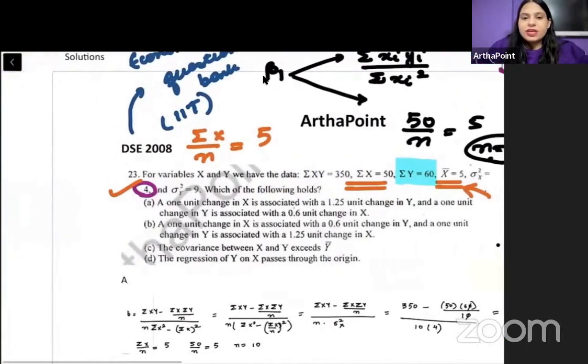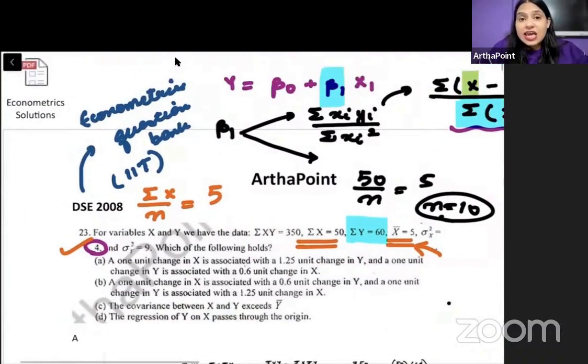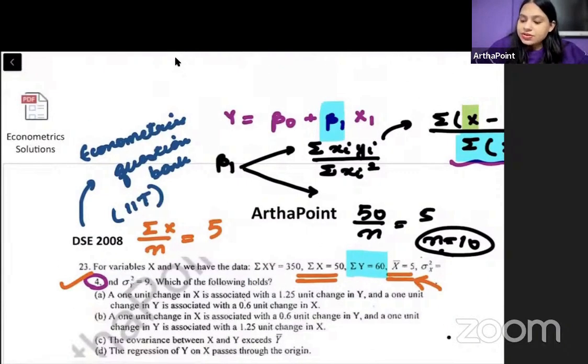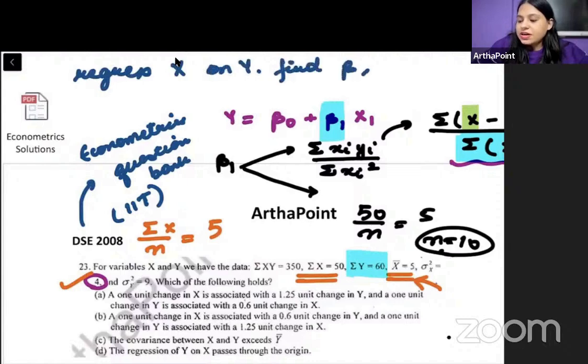Try to go ahead. I'm giving you 1 minute. Try to find, using the same information, regress x on y and find beta xy. Try to find beta xy.